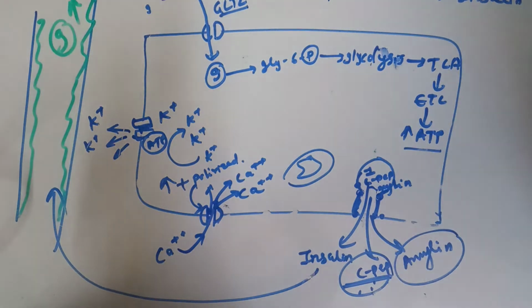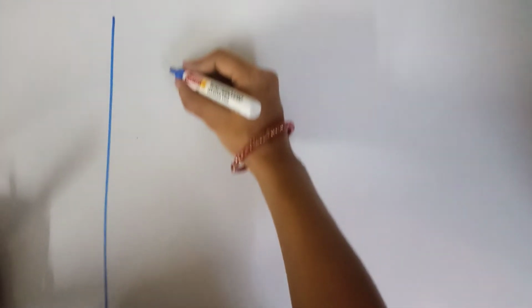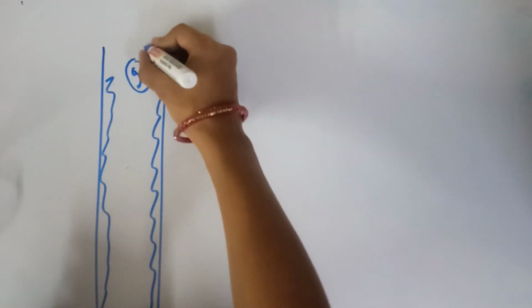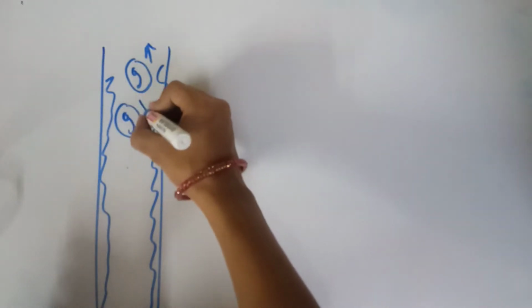Next, now insulin. Now what is the condition? This is your circulation. Now because of this high glucose, insulin has been released.